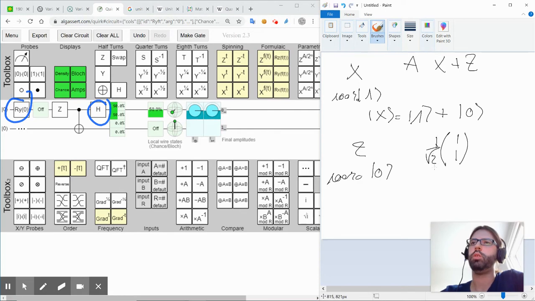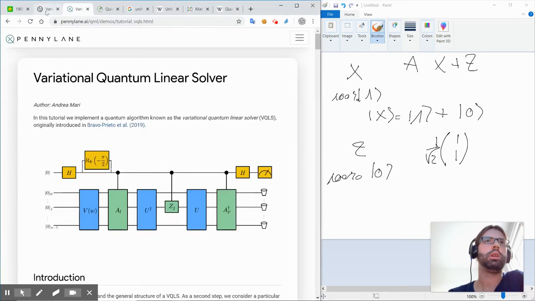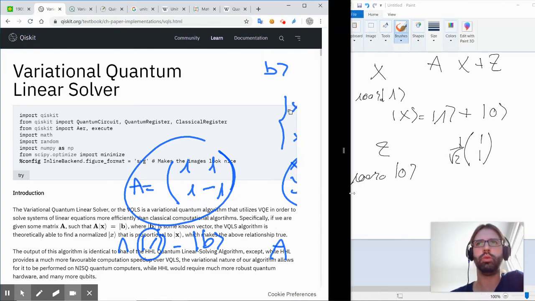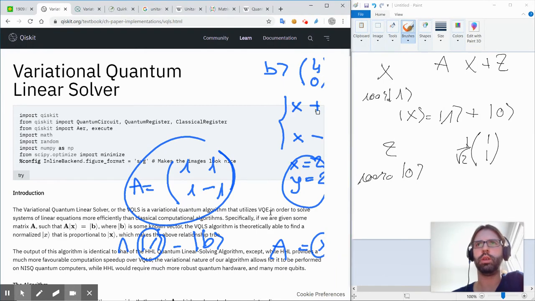I mean, they should be normalized, shouldn't they? And so this is probably a whole mess, what I'm doing right now. So what am I trying to do? So it's one, one.